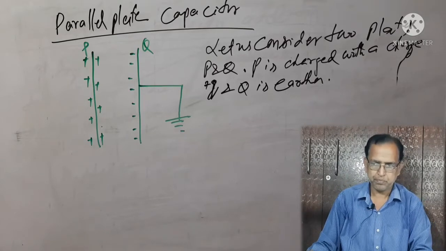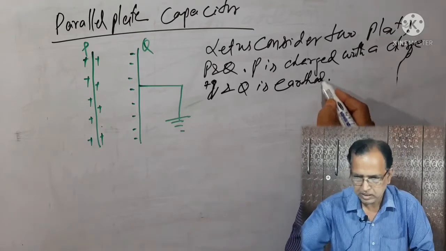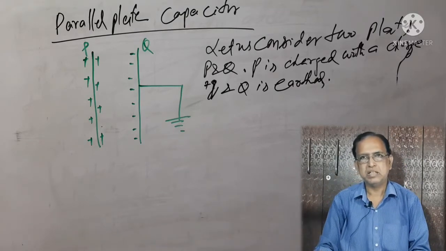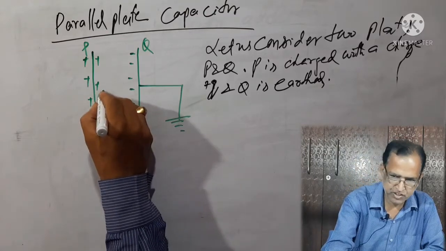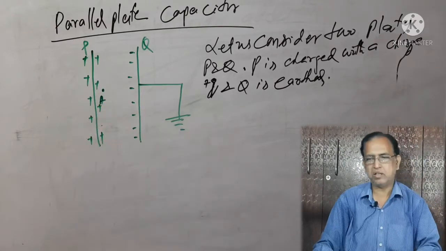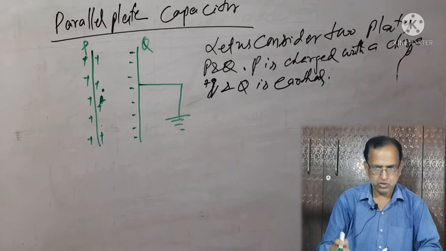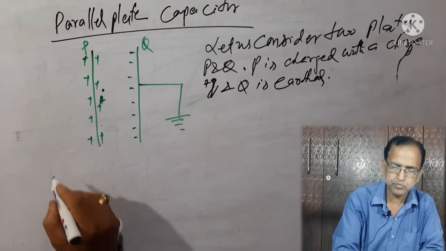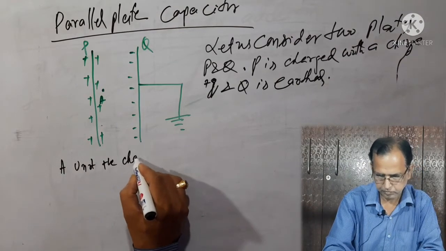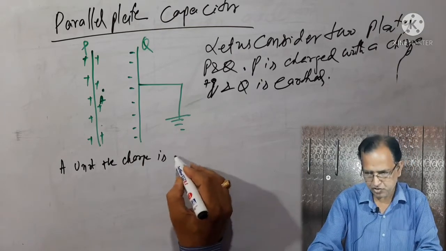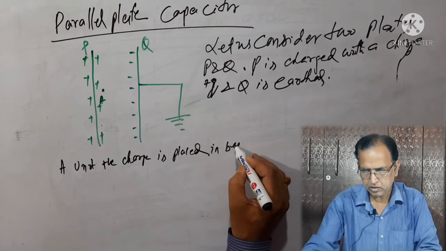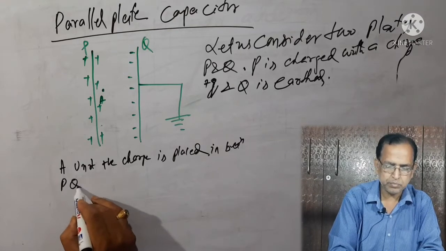A unit positive charge is placed at A in between P and Q.